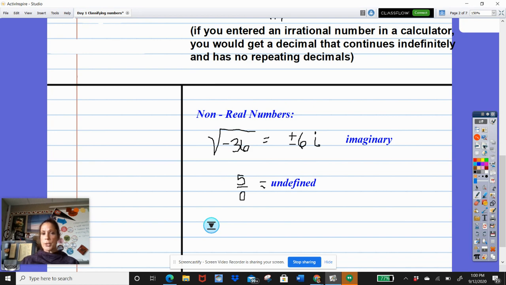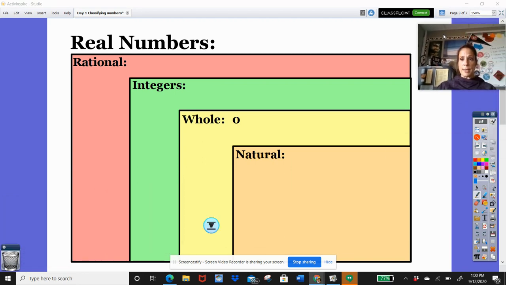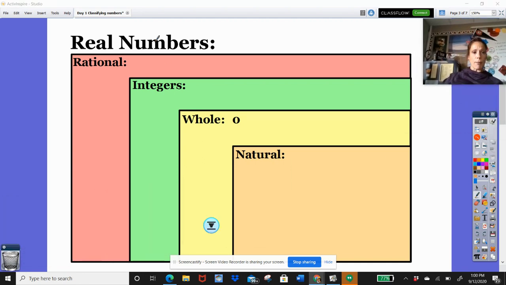So what I want you to do as an activity for the next part is write this into your notebook. When we have our numbers, any natural number is also a whole number, is also an integer, is also a rational. So you can work yourself all the way out to here where it's all wrapped in, all of these are rational numbers.